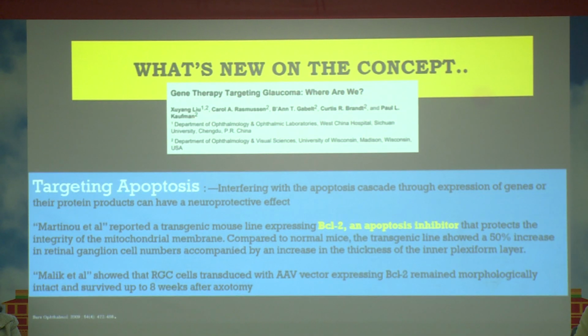And imagine when you are able to detect these apoptosing retinal ganglion cells, there is another drug which has been tried in a transgenic mouse line, that is an apoptosis inhibitor.